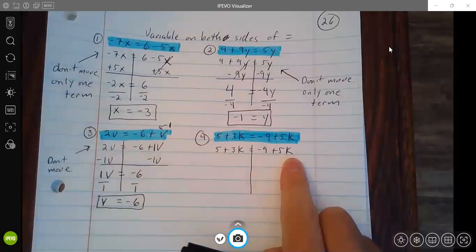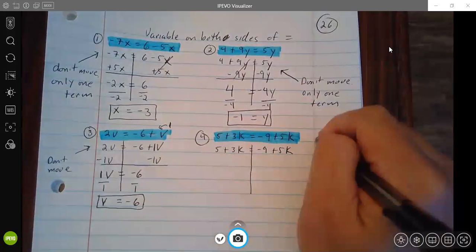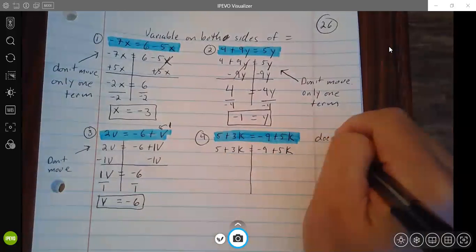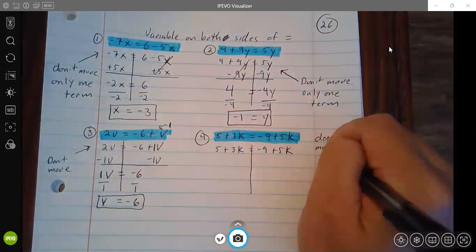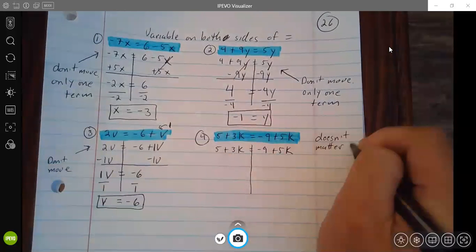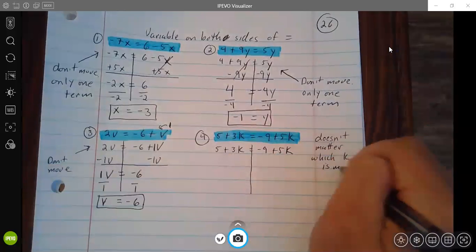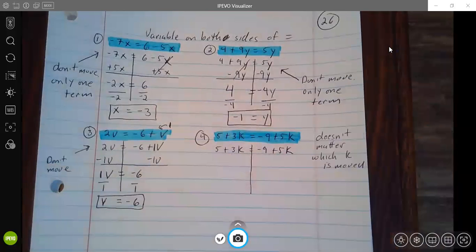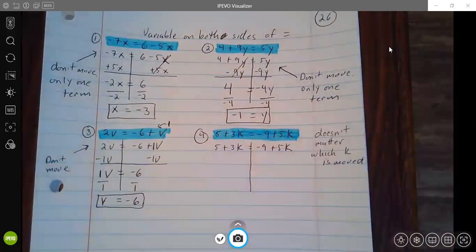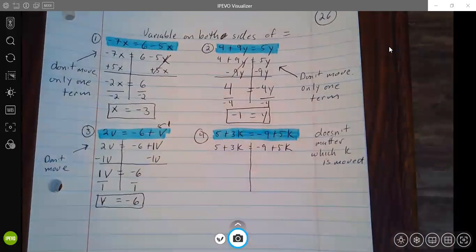So I'm going to write on this one: it doesn't matter which k is moved. I can choose the 5k or I can choose the 3k.